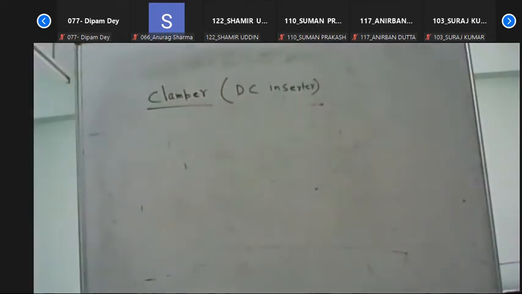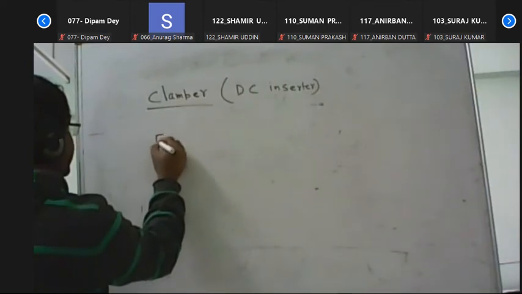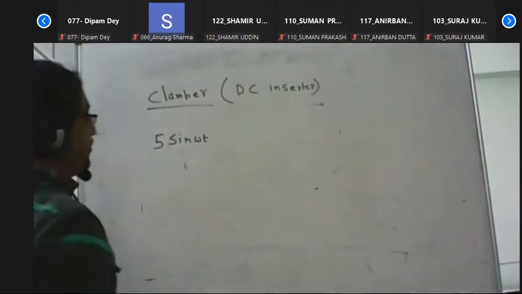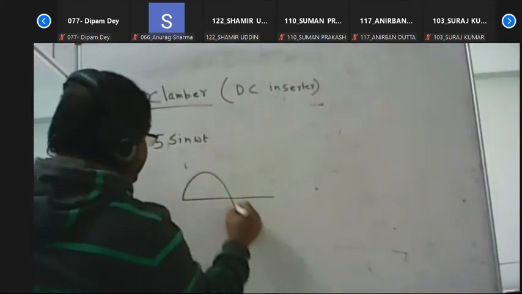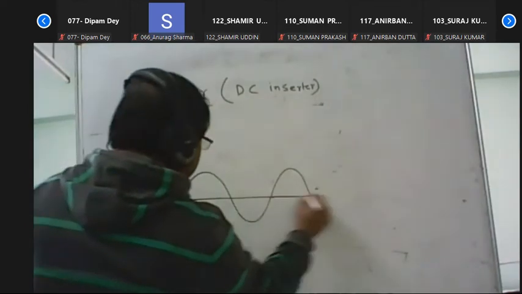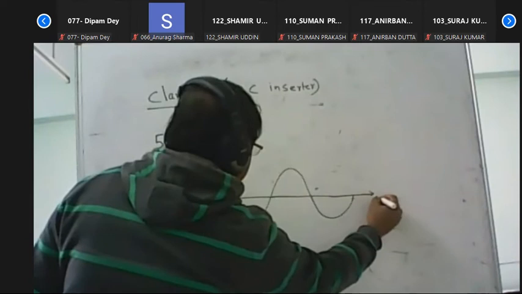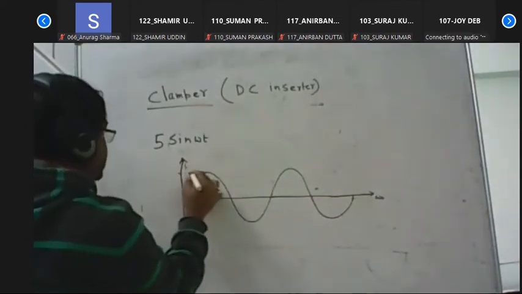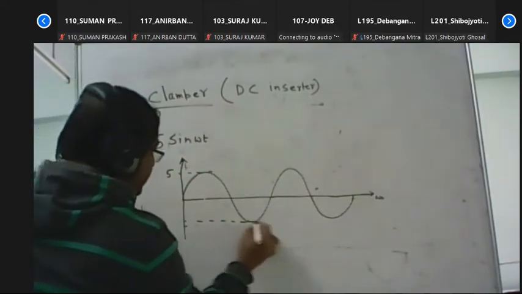Say we take an AC signal that is 5 sin omega t. If we draw 5 sin omega t, the waveform is like that. With respect to omega t, the maximum amplitude is 5 and the minimum amplitude is minus 5.